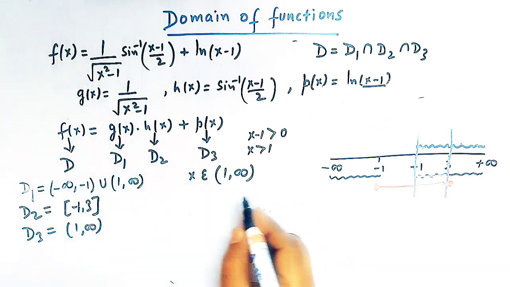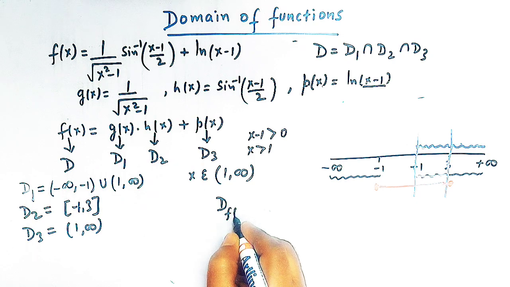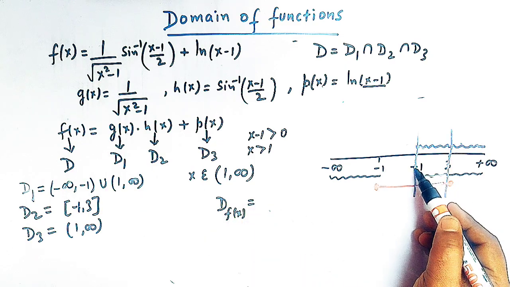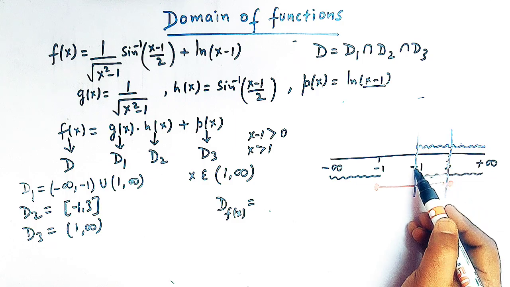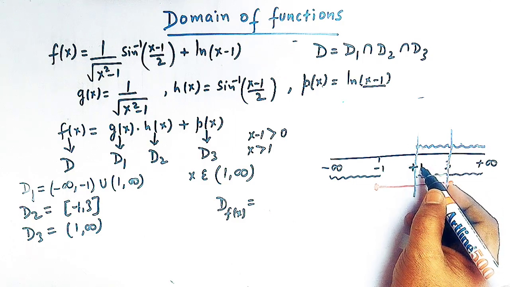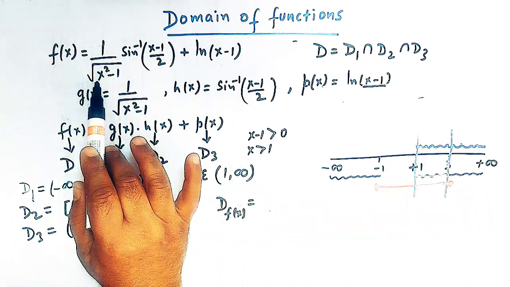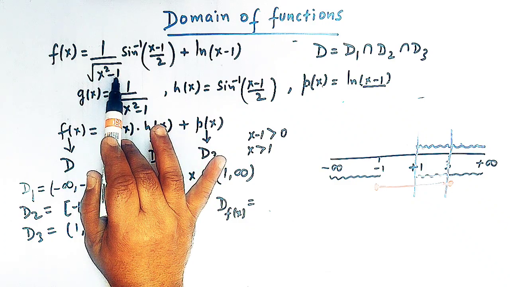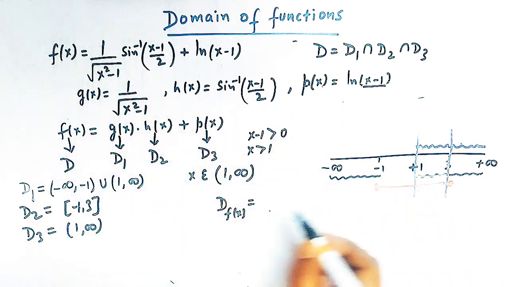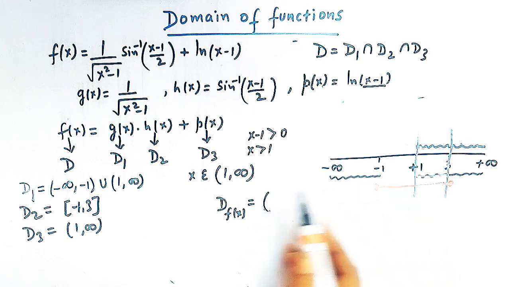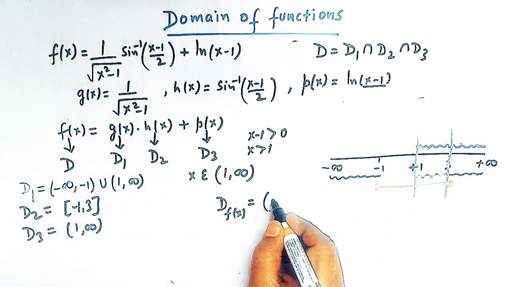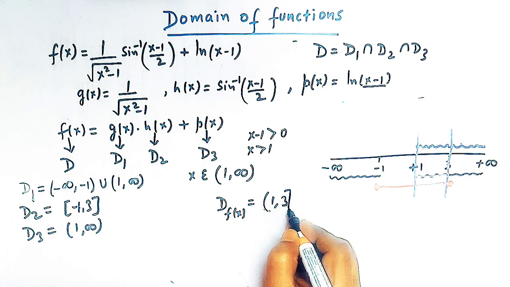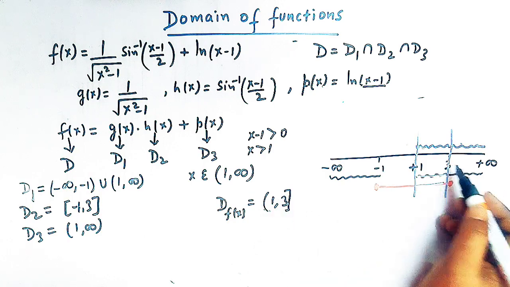So the domain of the function f of x is given by plus 1 to 3, and remember, plus 1 cannot be taken, because plus 1 makes x square minus 1 equal to 0. So we can write the domain of f of x as 1 to 3, but here 3 is included, right?